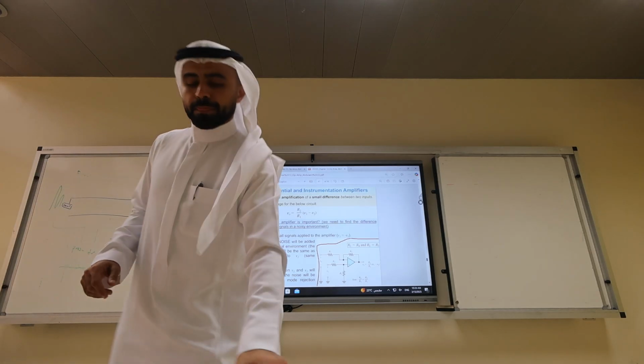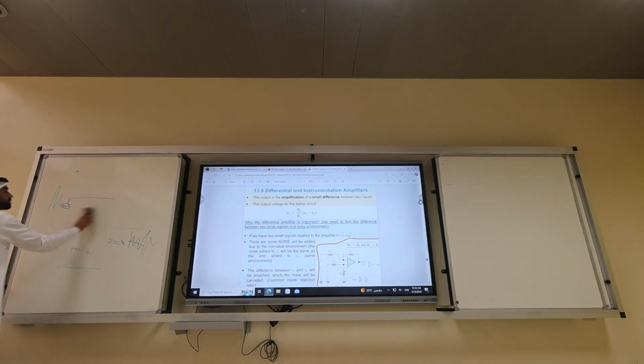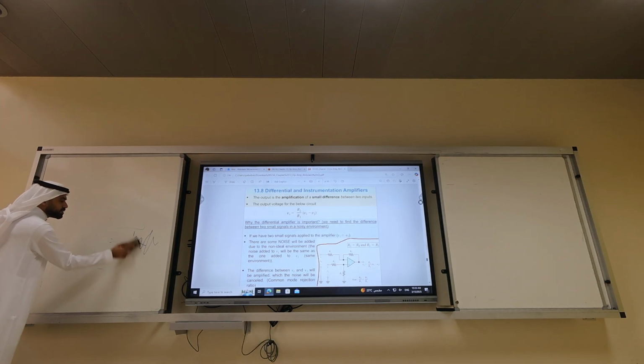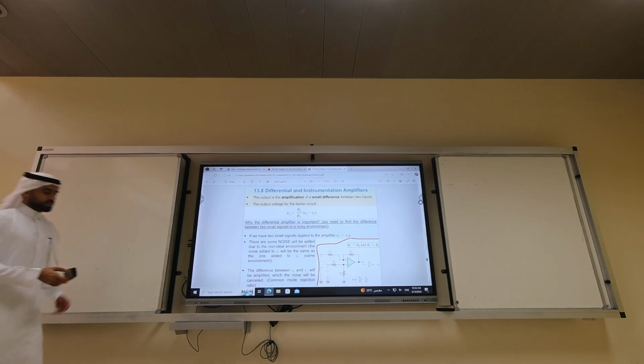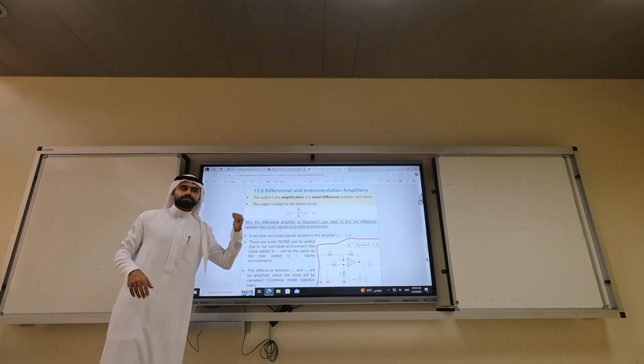Let me repeat. To measure the pressure, you need how many sensors? How do you convert the actual pressure into a signal? Using circuits, right? What component of the circuit does this conversion? The op-amp.